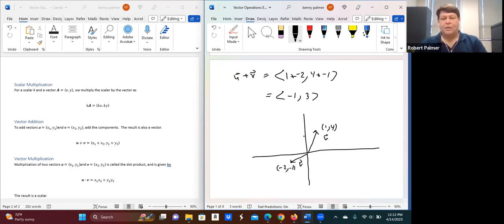Then u plus v is -1, 3, so about right here. And if you watched my previous video on how we actually add vectors graphically, notice that should be approximately where it is. Okay, so this is the vector u plus v.